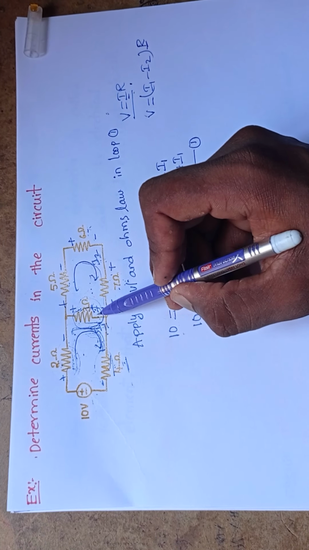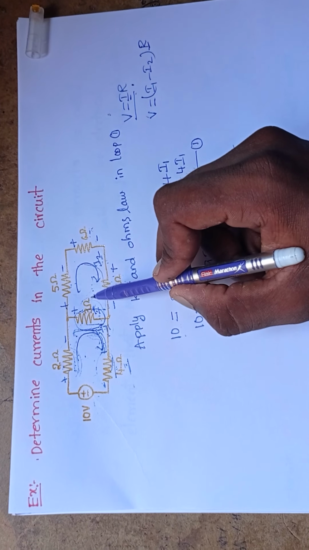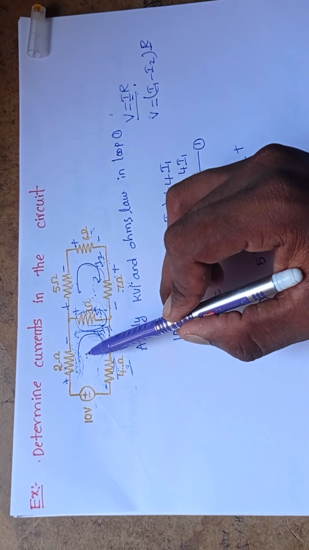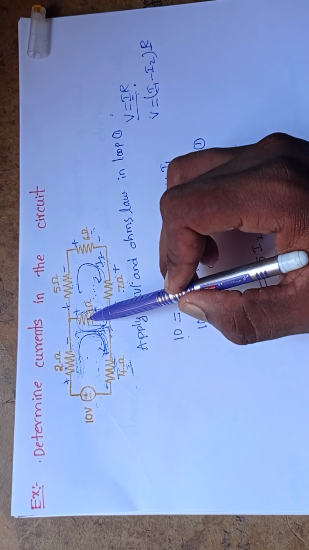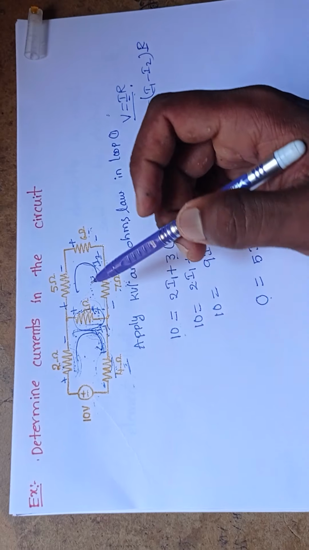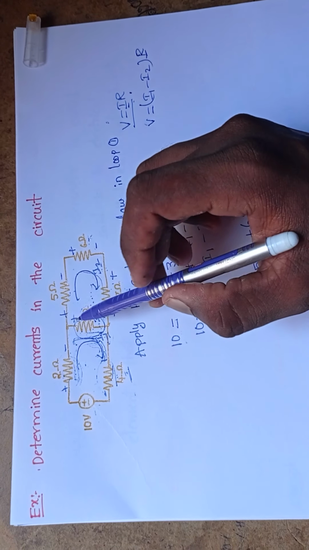Next, consider this resistor. This 3 ohms resistor is common to both loops. That means in the 3 ohms resistor, both I1 and I2 are flowing.